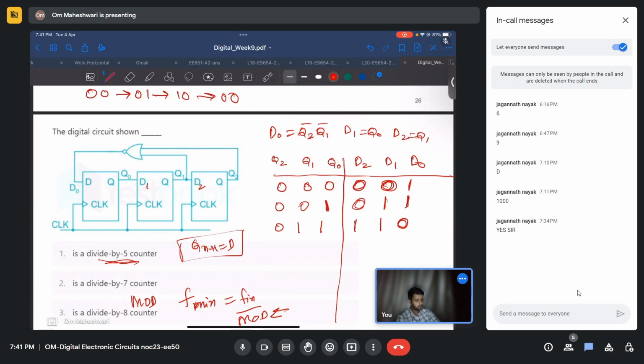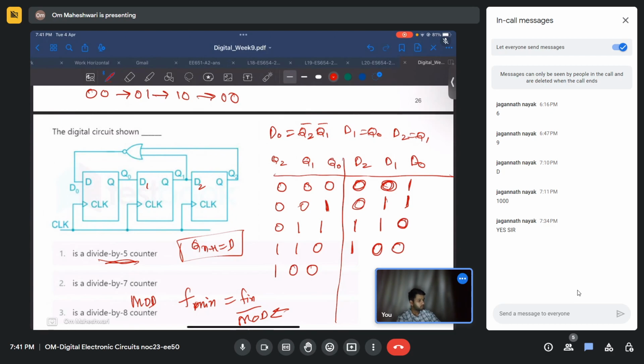It's 1 1 0. D2 is Q1, D1 is Q0, and D0 is Q2 bar Q1 bar. Q2 Q1 is 1 1, then Q2 bar Q1 bar is 0. It's 1 0 0.